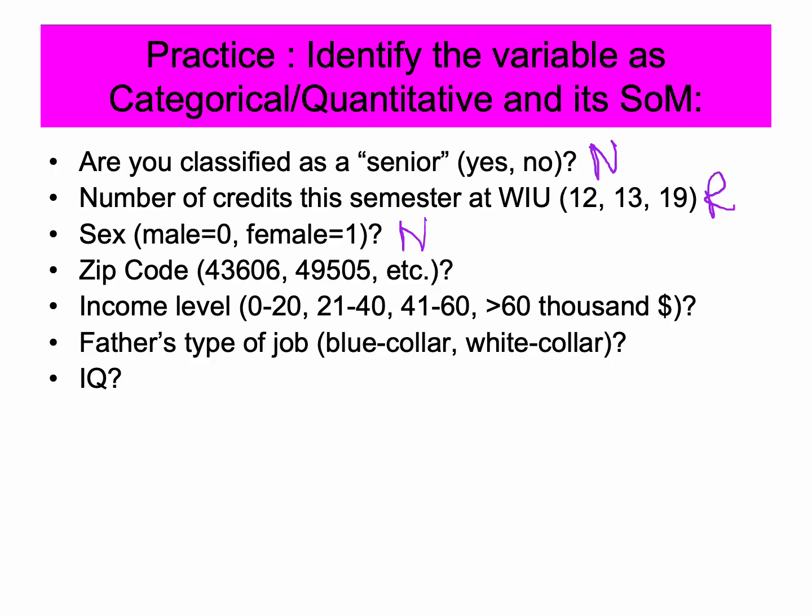Zip code. It looks like there's a lot of numbers here. Maybe we're working with something more than categorical data, but in actuality we're not. We know that these are mutually exclusive. You can only be in one zip code at any given time. So you can be in 43606 area, or you can be in 49505 area, but you can't be in both at the same time.